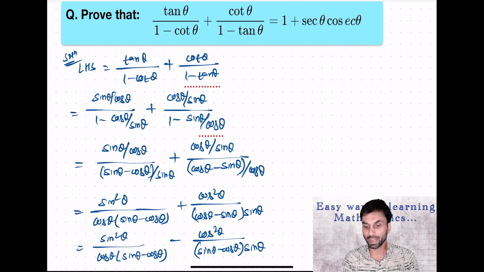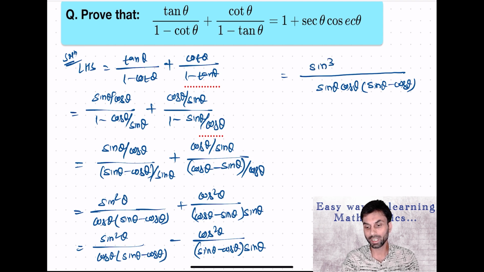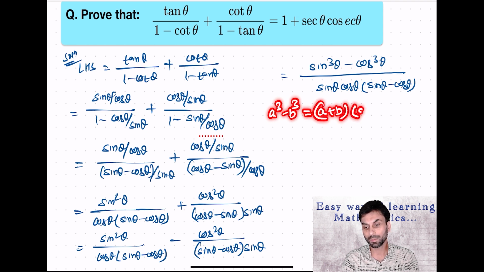Now take the LCM. So the LCM will be sine theta into cos theta and sine theta minus cos theta. Your numerator will become sine cube theta minus cos cube theta. Now here we know one identity, that a cube minus b cube is a minus b into a square plus ab plus b square.